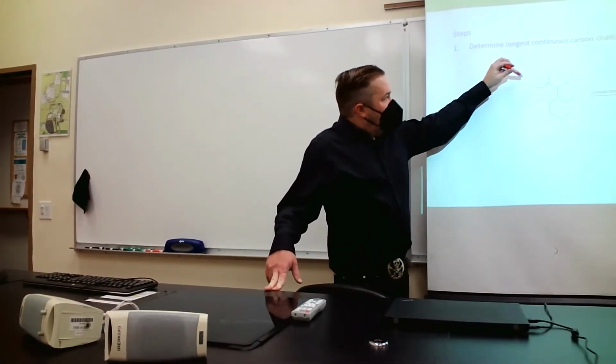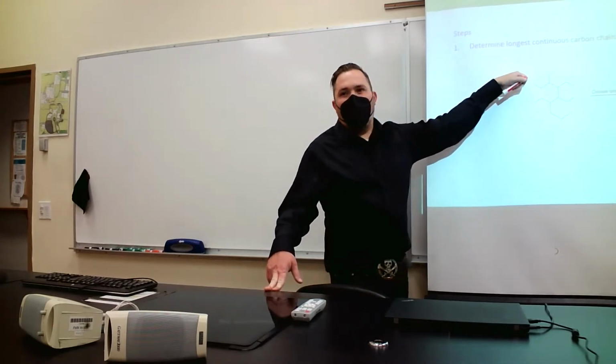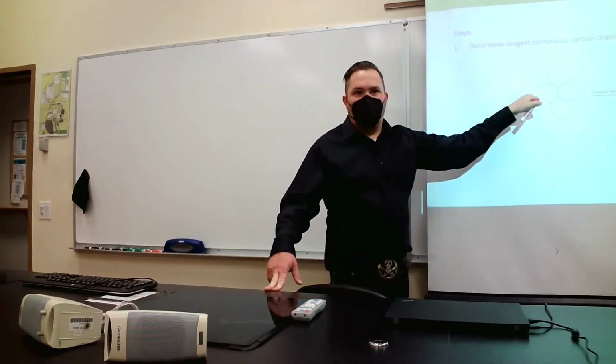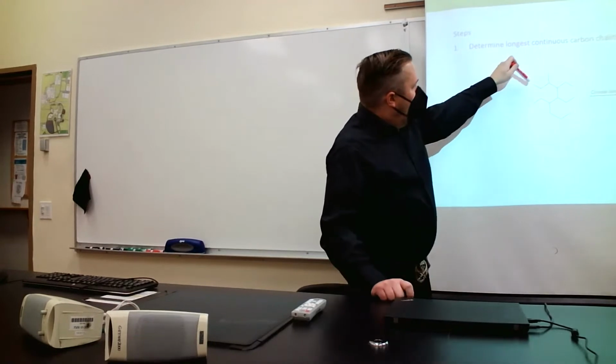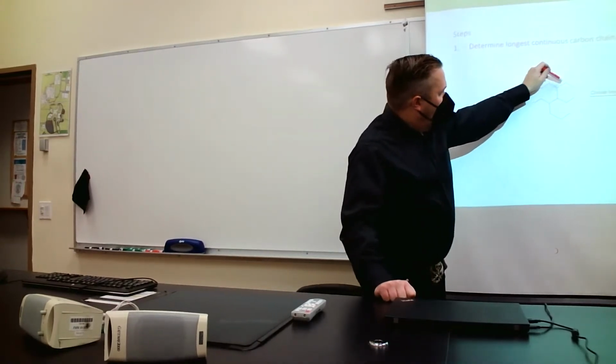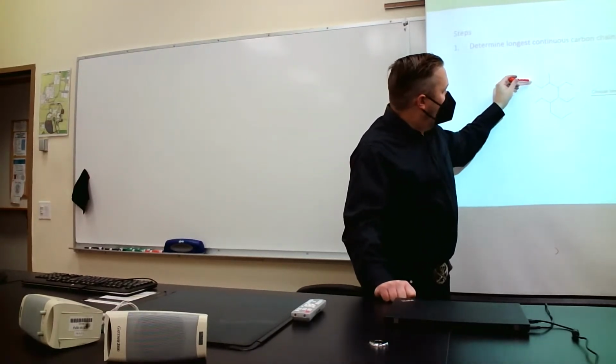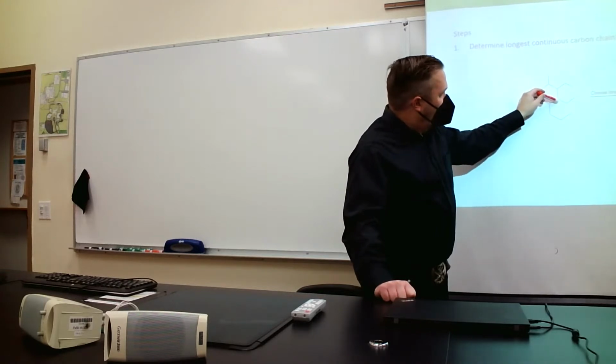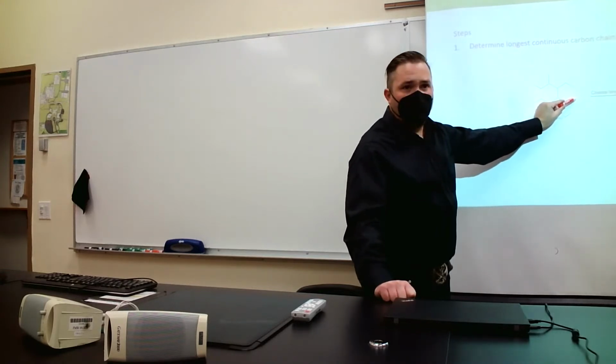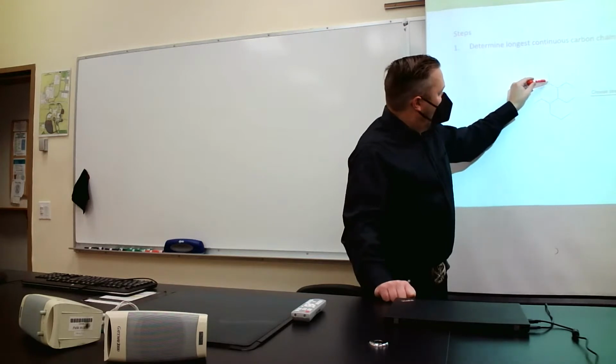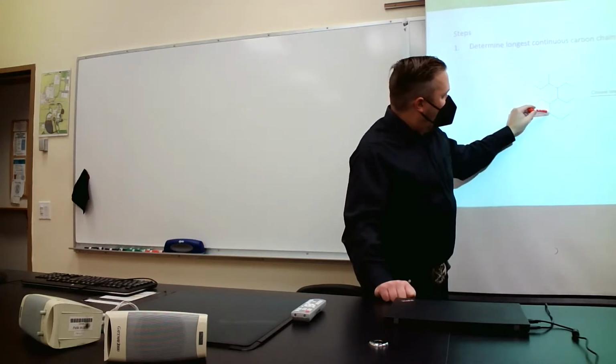It's just going to be any way that you can count to the highest number without doubling up on carbons. So you go 1, 2, 3, 4, 5, 6, or 1, 2, 3, 4, 5, 6, 7, or 1, 2, 3, 4, 5, 6, 7, 8, 9.